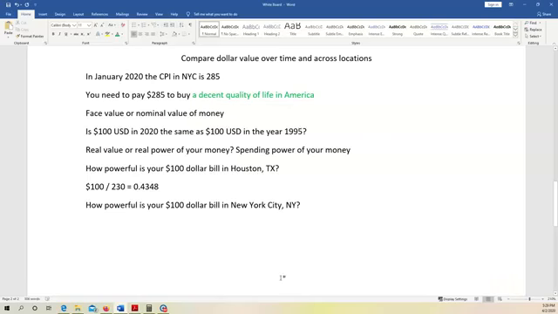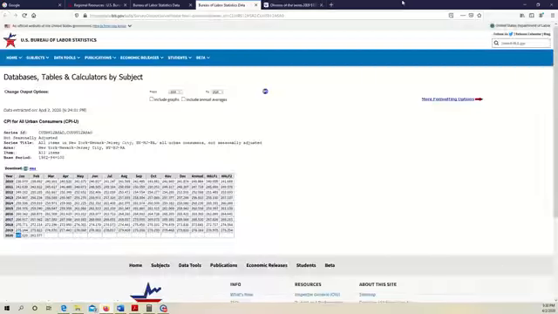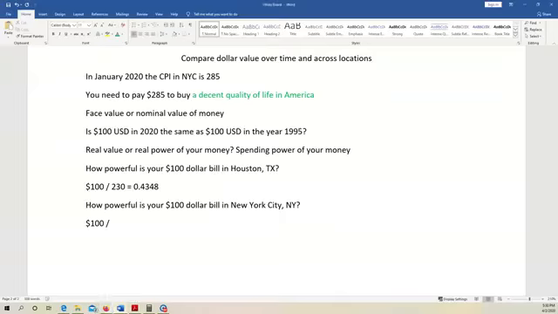The idea is, again, we divide the face value of our money by the consumer price index in that particular city. This time it is New York City, New York. What's the number here? The latest number, 282, for New York City. So 100 divided by 282. What's the answer? I need a calculator.